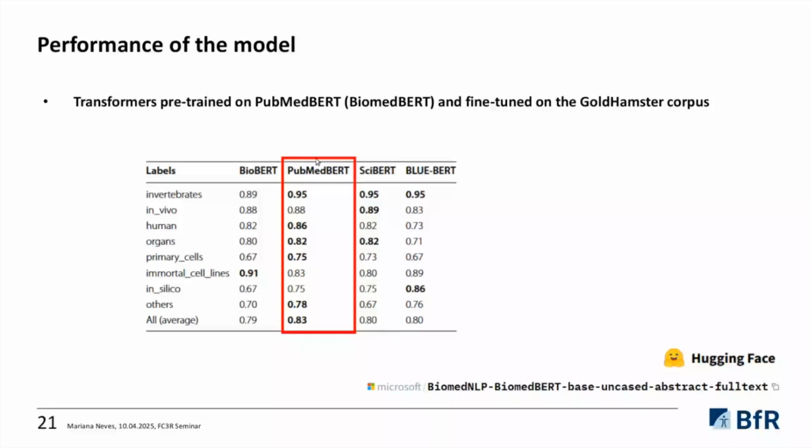And so these are the results. We tried different language models. We chose PubMed BERT, the one that got better results. And this is what you see here. The closer to 1, the better. The highest values were obtained for the invertebrates label.